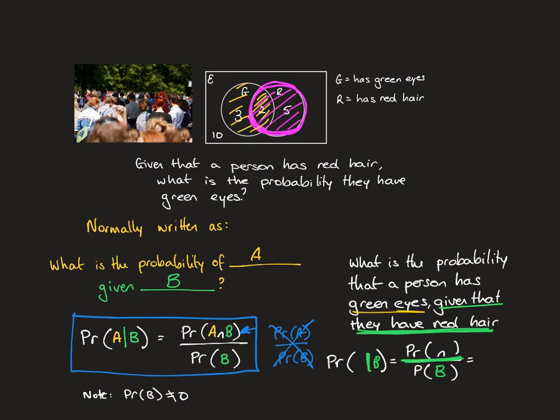The probability that you're trying to find, which is the probability that the person has green eyes, is the thing that goes in the front, and the top is the intersection of the two. And as we said before, it's 2 out of 7.